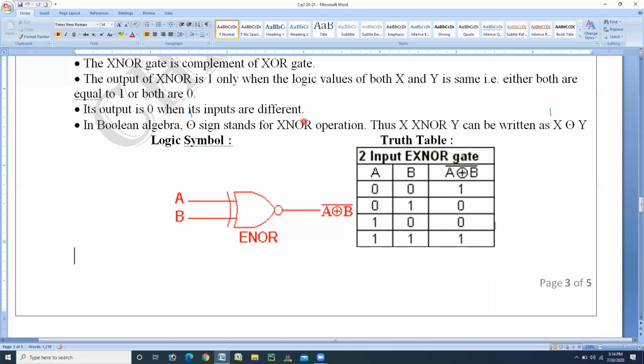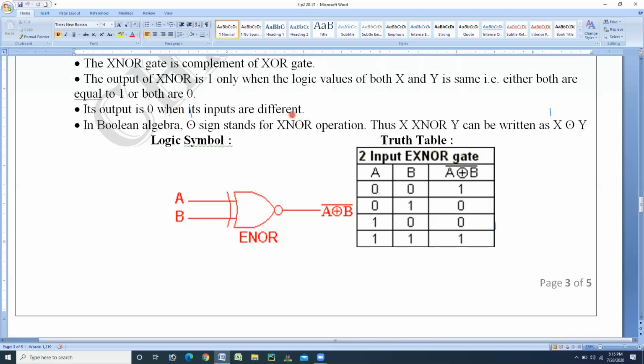Then in the derived gates we have completed NOR gate, NAND gate, exclusive OR, then exclusive NOR gates. These 4 gates we have completed in case of derived gates. It means both the types of gates are completed. Logic gate types are over.